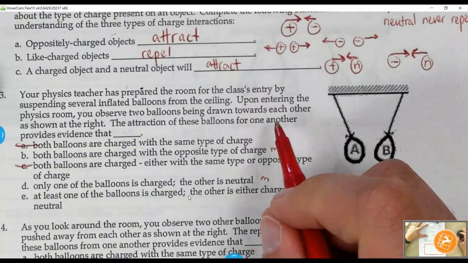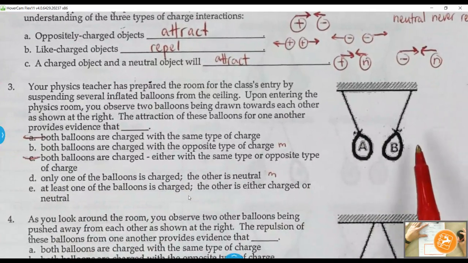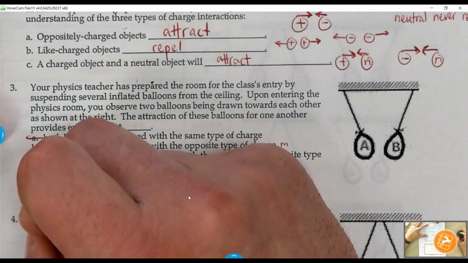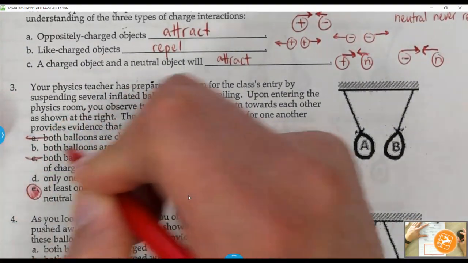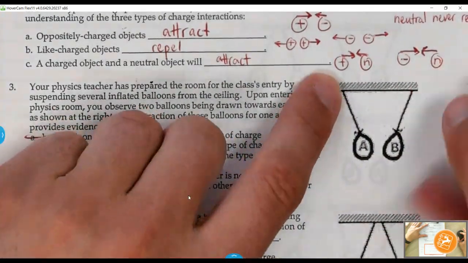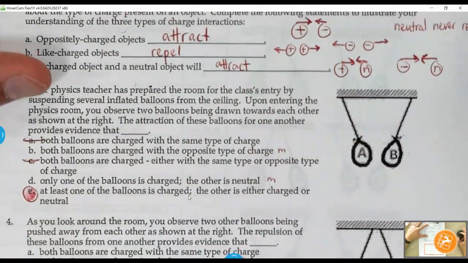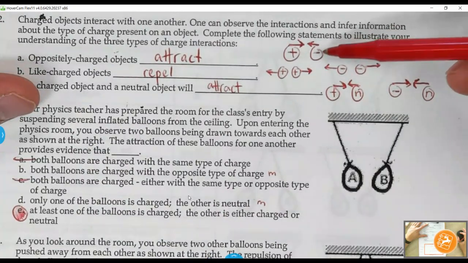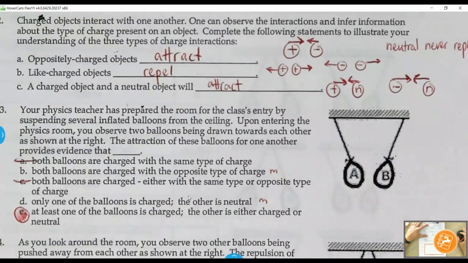Again, maybe. You can't know that for sure, but you can tell me that at least one of them is charged and that the other is either the opposite charge or neutral. You see how both ropes are swinging towards each other, so that shows some form of attraction. So basically it could be this, this, or this. Those are the three possible options.